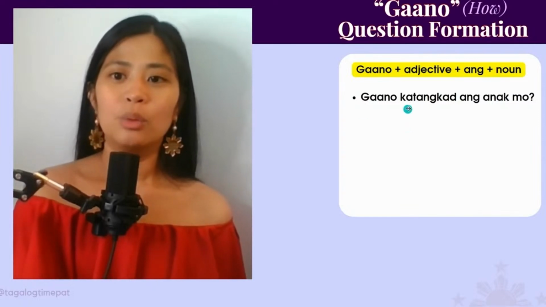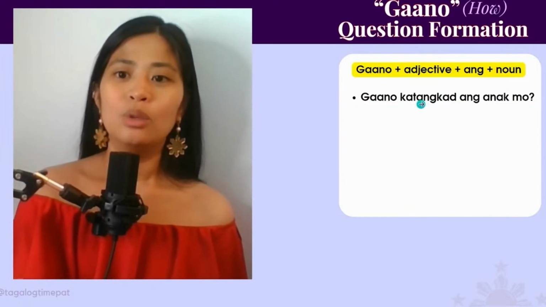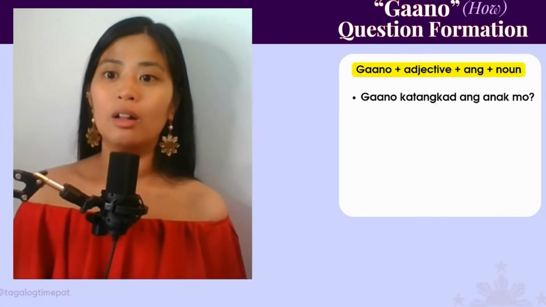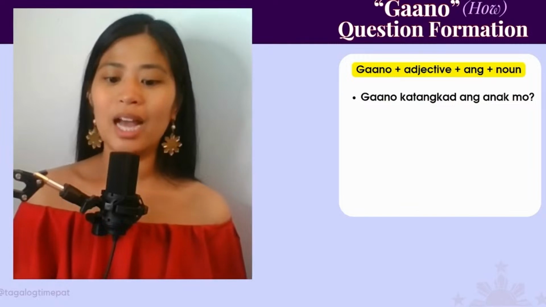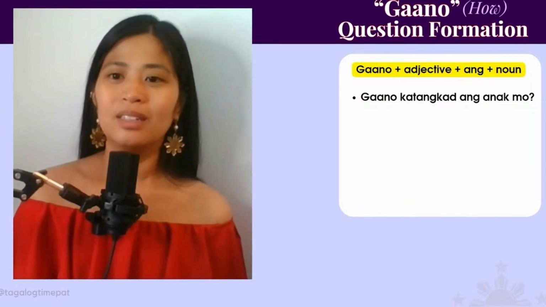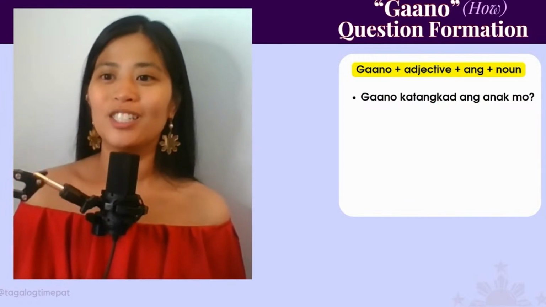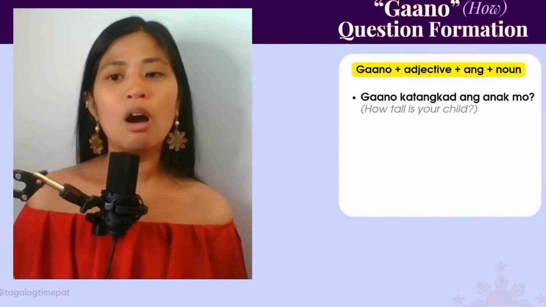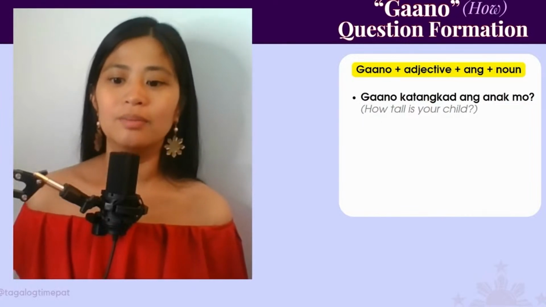Even if you've never heard the word katangkad, but you know the word matangkad. Matangkad means tall. Hopefully you can kind of maybe guess that this is asking about the height of someone's child, right? So, gaano katangkad ang anak mo? How tall is your child?